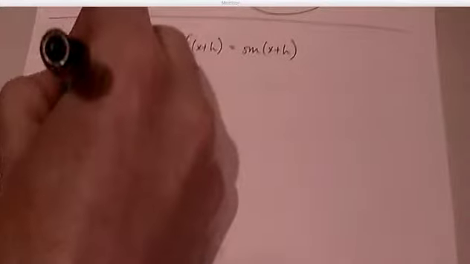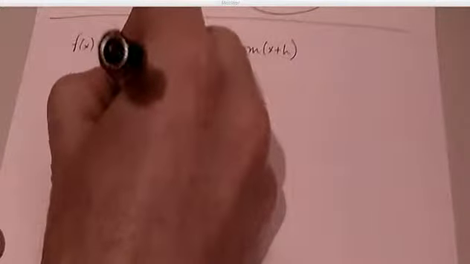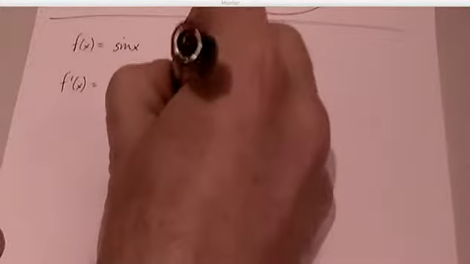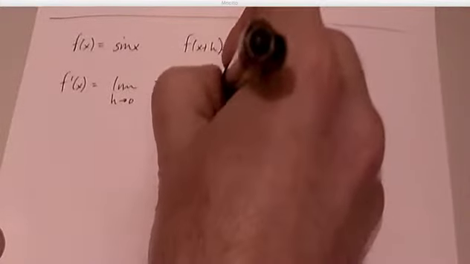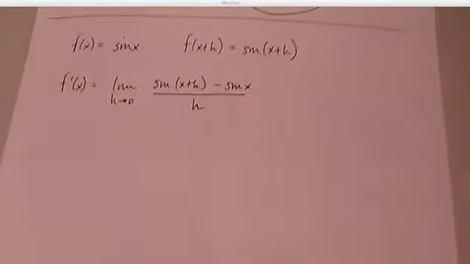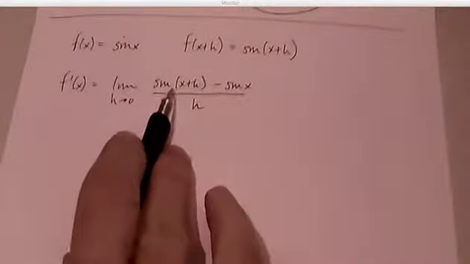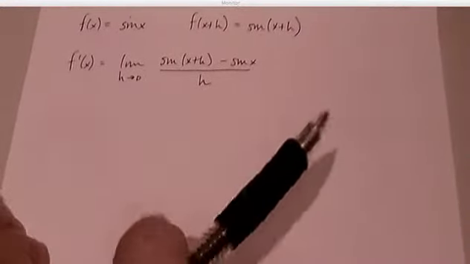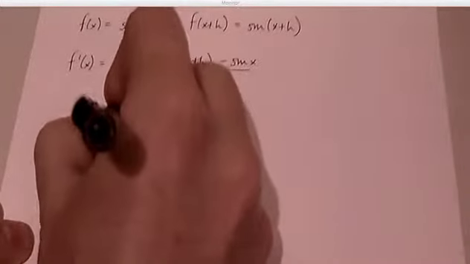Now, I know that the derivative is the limit as h approaches 0 of sine of (x plus h) minus sine x, all of that over h. But this isn't a polynomial, so all of a sudden I'm lost. Except I seem to remember that there's an identity for that, isn't there? An identity called the sum and difference identity.